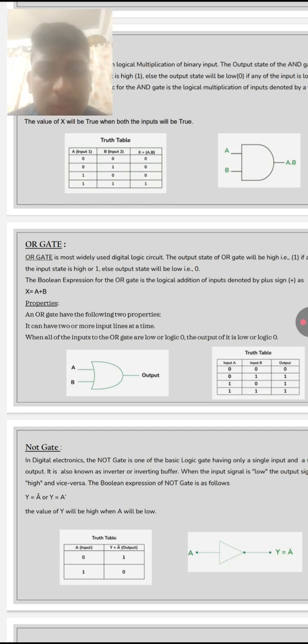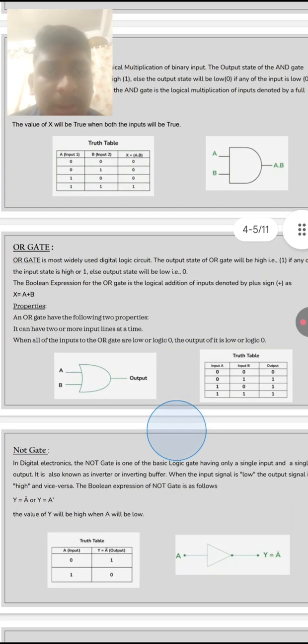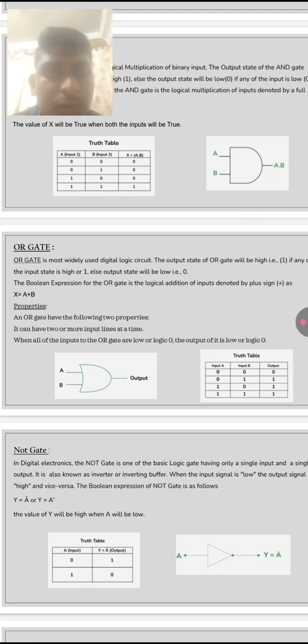The Boolean expression for the OR gate is logical addition, denoted by the plus sign: X is equal to A plus B.